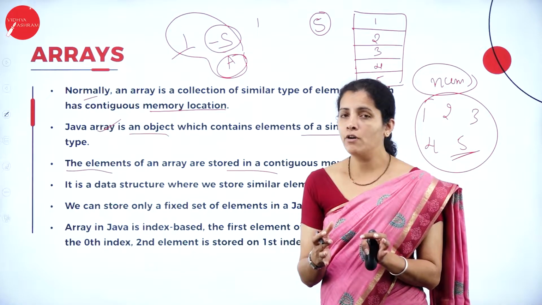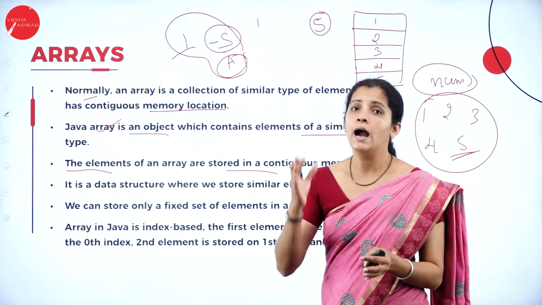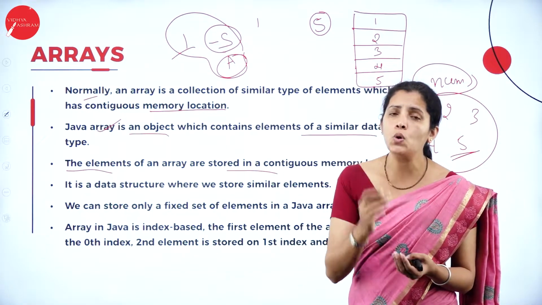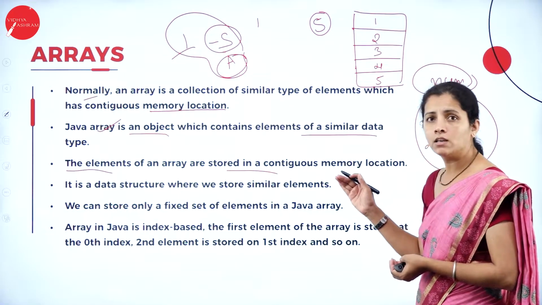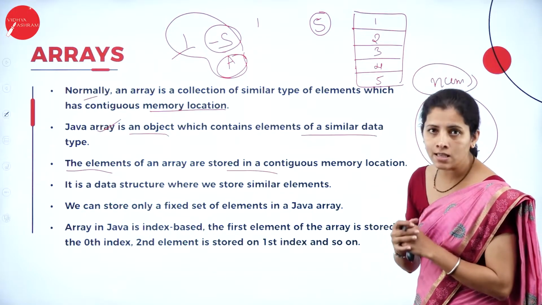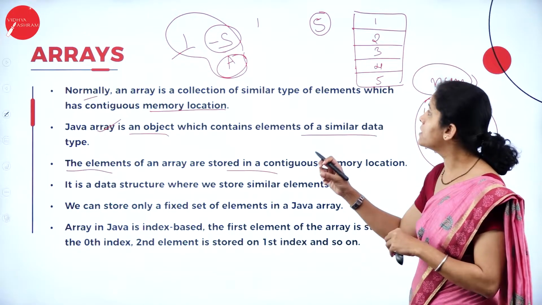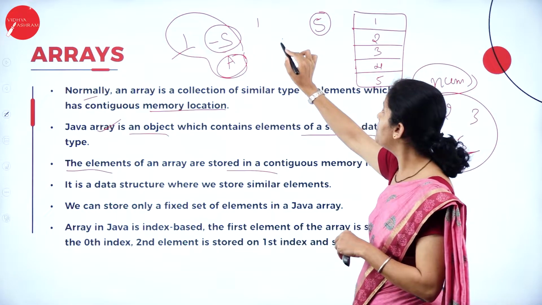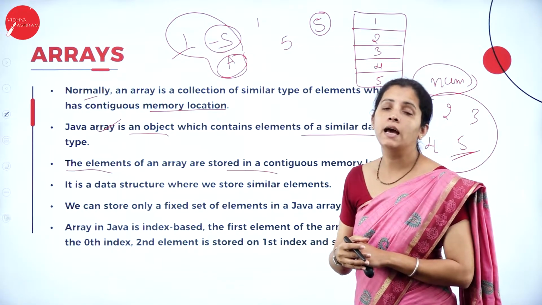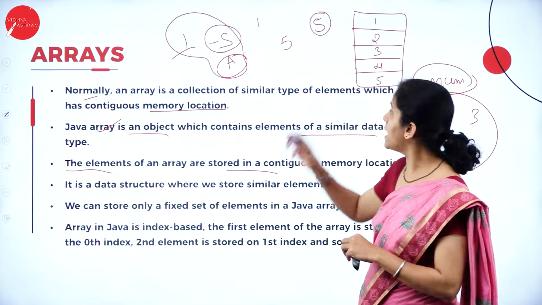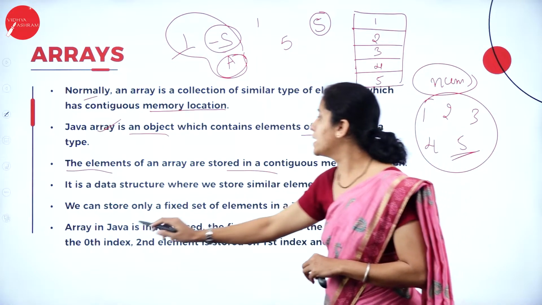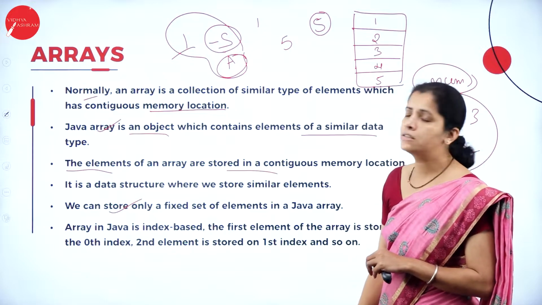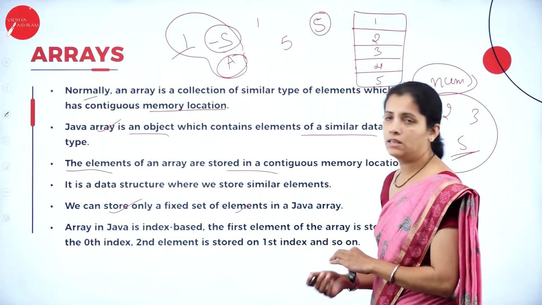It's an example of a data structure, and I can store the same kind of element. And we are going to fix the size. Suppose I fix the size as 5, then it is static. That means I know the size of the array. So, we can store only a fixed set of elements.